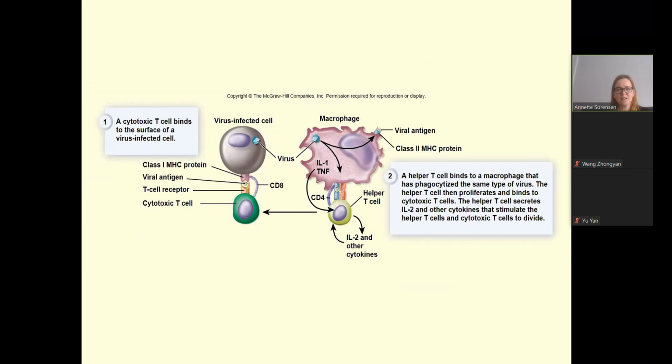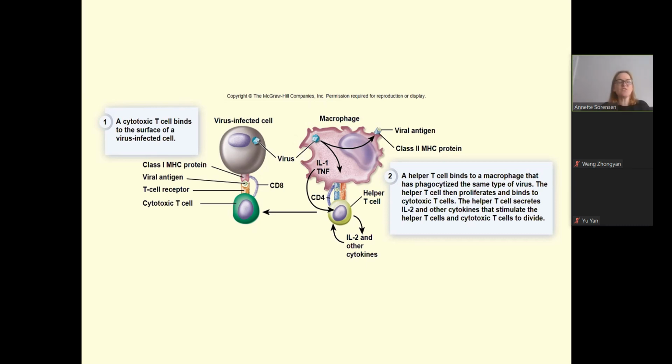Okay, so as I already mentioned, just because the cytotoxic T cell is bound to the surface of this virus-infected cell, it does not mean that it's activated. The cell needs the T helper cell for its activation.